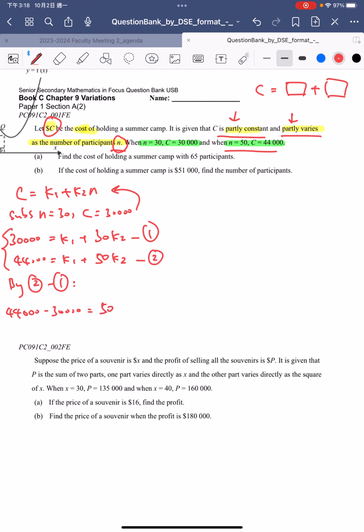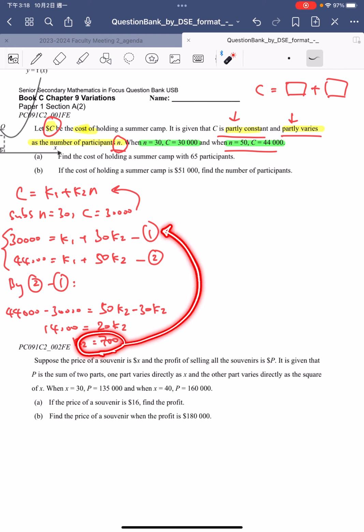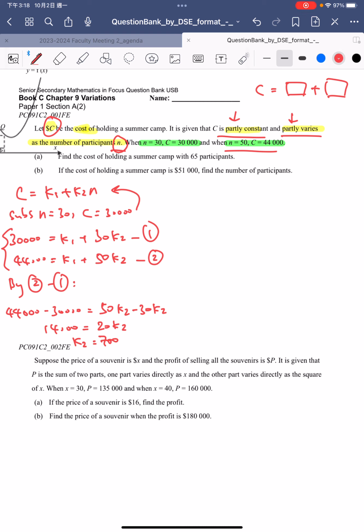We simplify to get 14,000, which is equal to 20K2, which will give you K2 equal to 700. And after that, as we got the value of 700, then we can put it in either the first equation or the second equation.